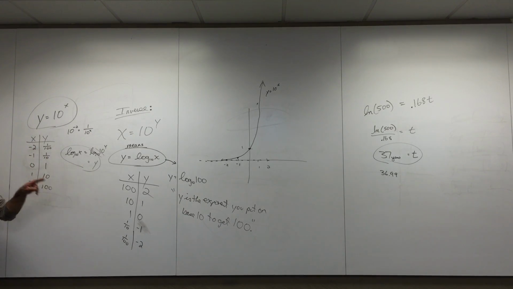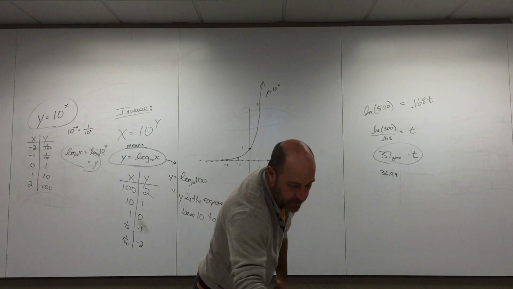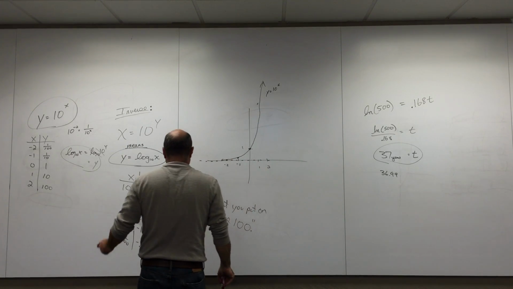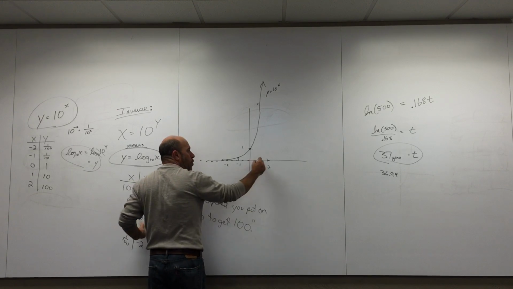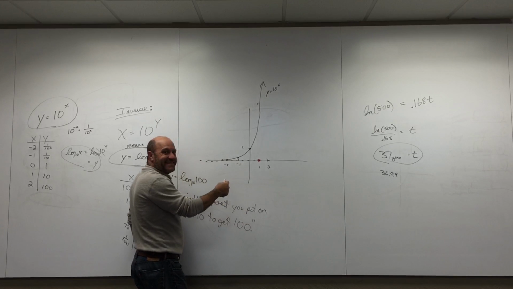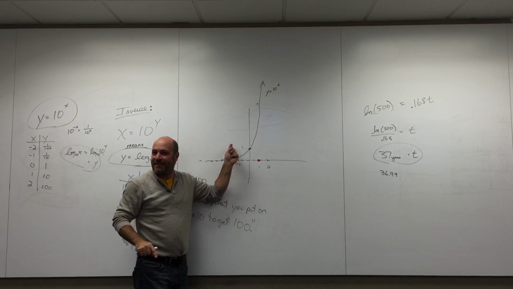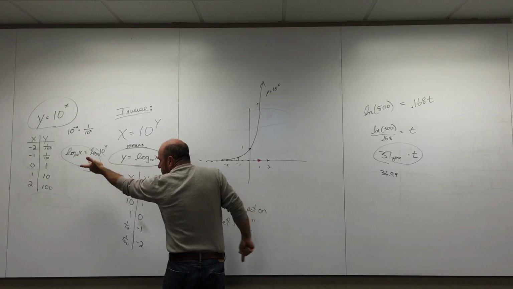If you plot these points, you'll get a graph of the logarithm function. The logarithm function is kind of interesting. Let's start here: (1, 0). By the way, it's just the mirror image of this one. It's the inverse of this one, so all these points are flip-flopped.